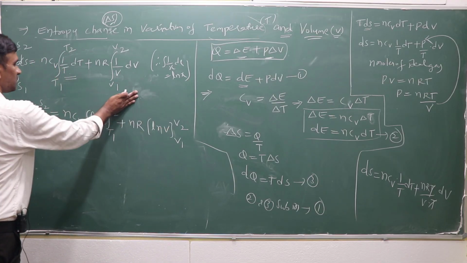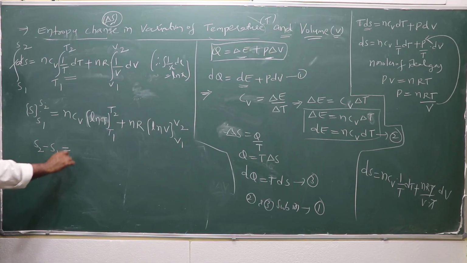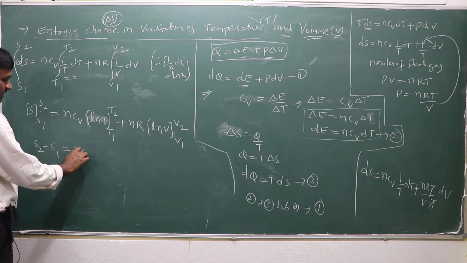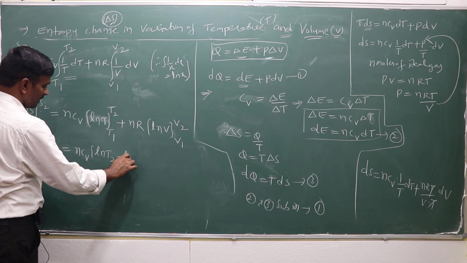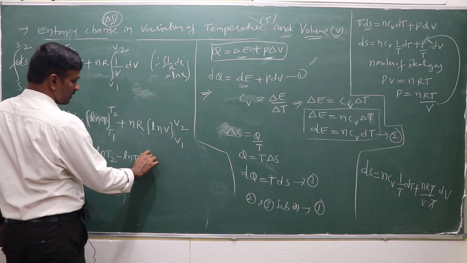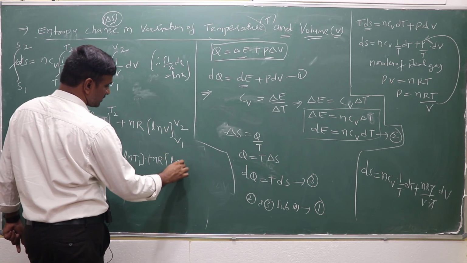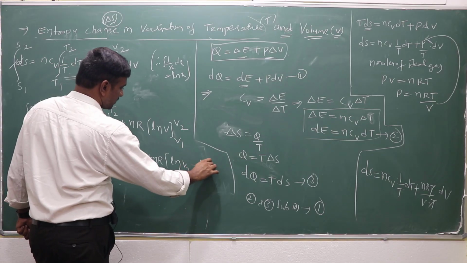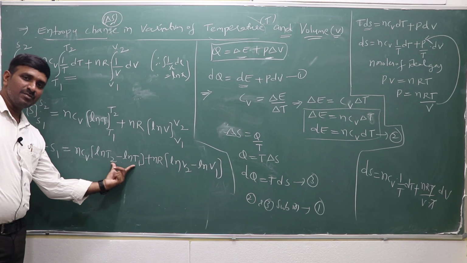So nCV into upper limit minus lower limit, plus nR, in the place of V substituting V2 and V1. Again we can apply ln A minus ln B.